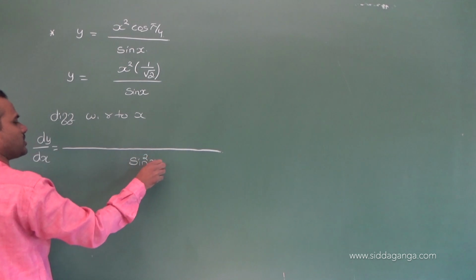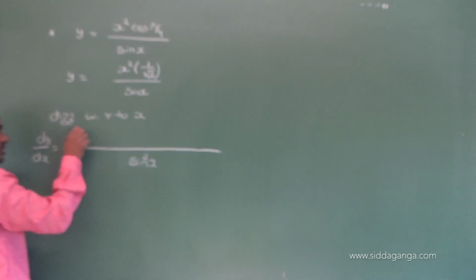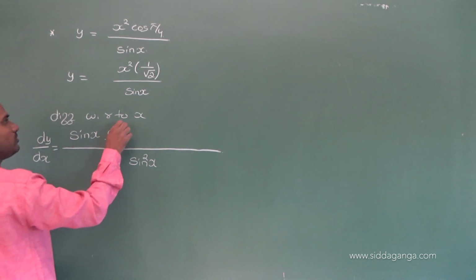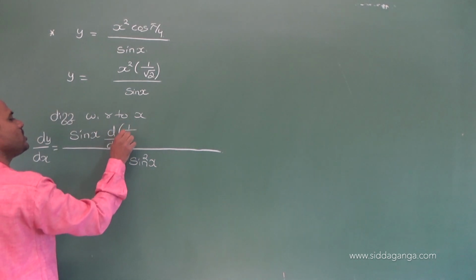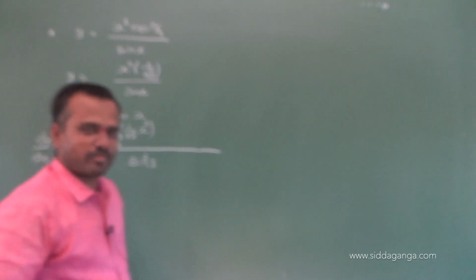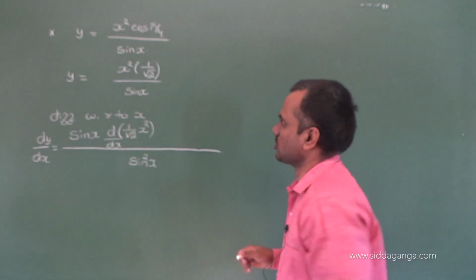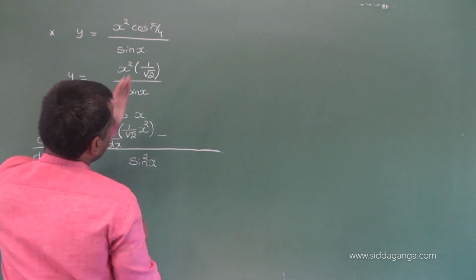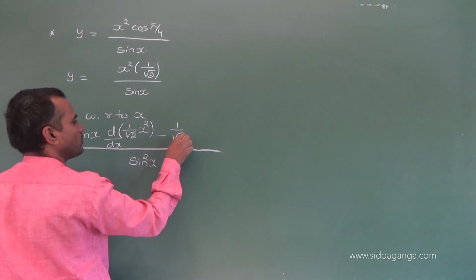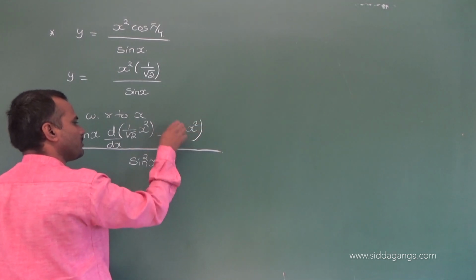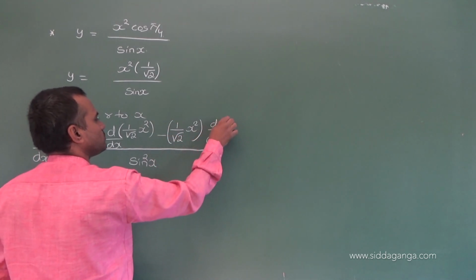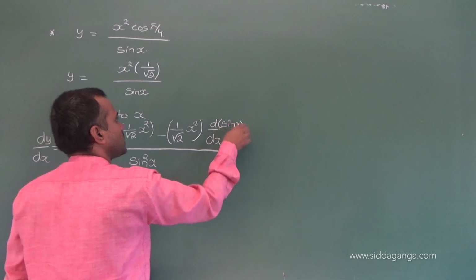By the quotient rule, the denominator is sin² x. Then sin x into d by dx of (1/√2 · x²), minus 1/√2 into x² times d by dx of sin x.